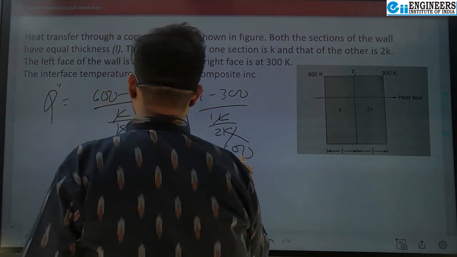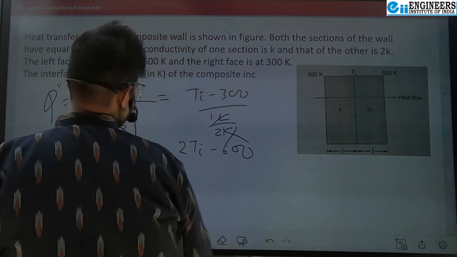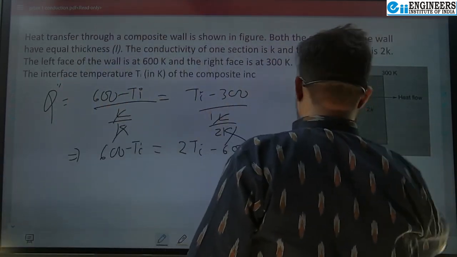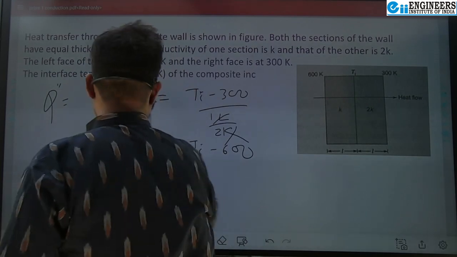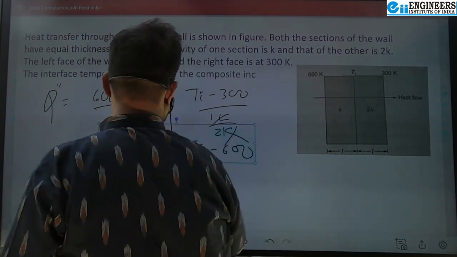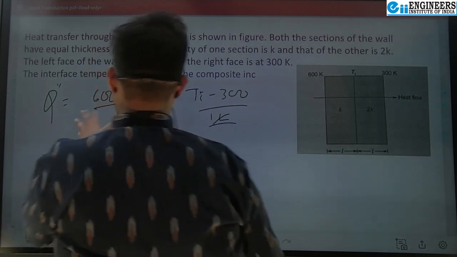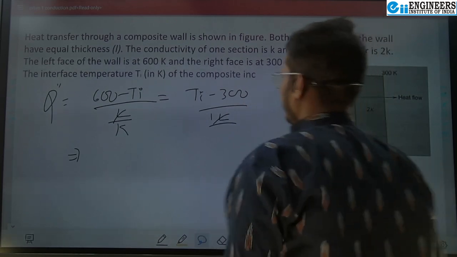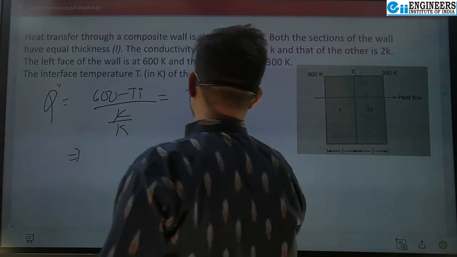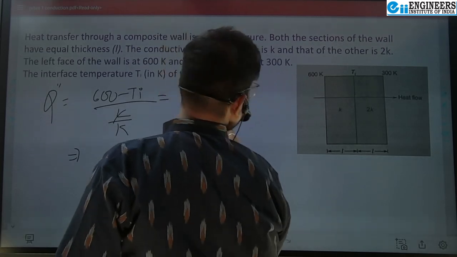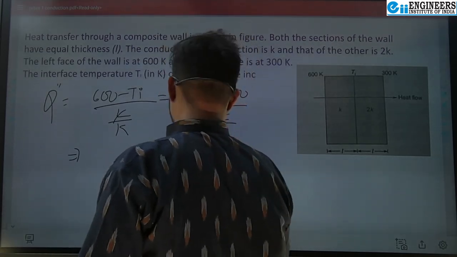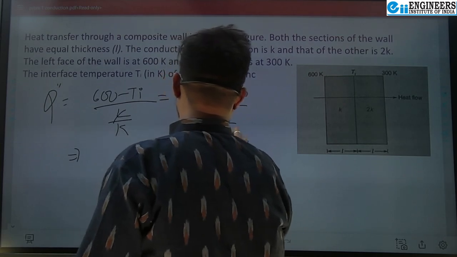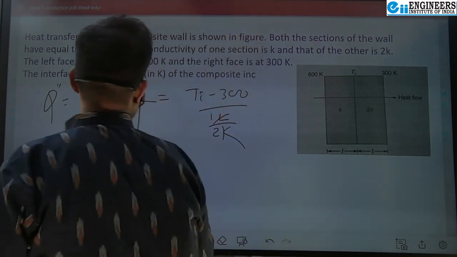Sorry, I made a blunder over here. So (600 minus Ti) by L by K equals (Ti minus 300) by L by 2K, isn't it?